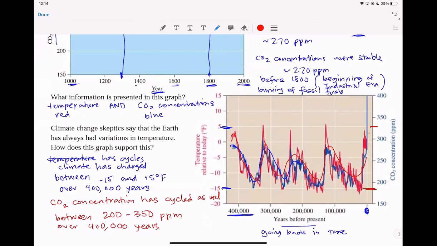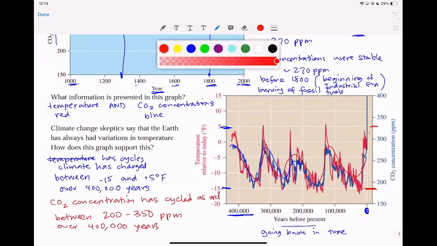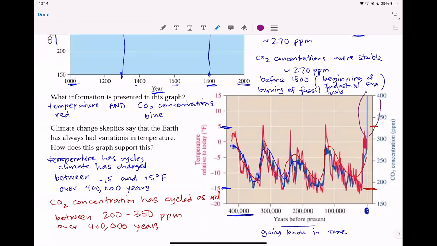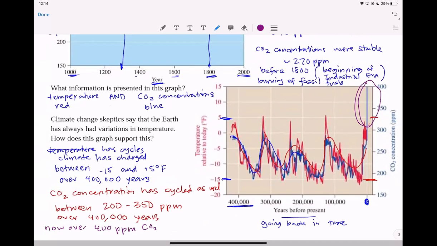So what's the problem? The problem is this part, which I will put in purple. Now we're at over 400 parts per million of carbon dioxide. And what will happen to the temperature if the carbon dioxide goes up?